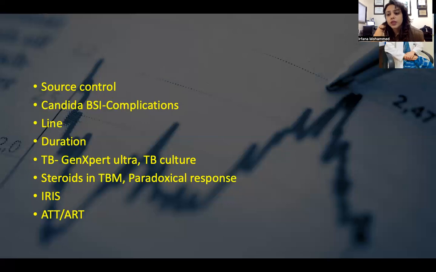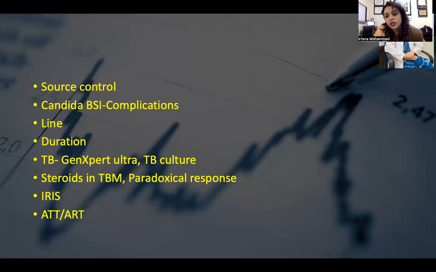So whenever you come across a newly diagnosed HIV patient, don't just jump in and start ART. You have to rule out all the opportunistic infections like tuberculosis, cryptococcus, even syphilis. Try to rule out all these infections.